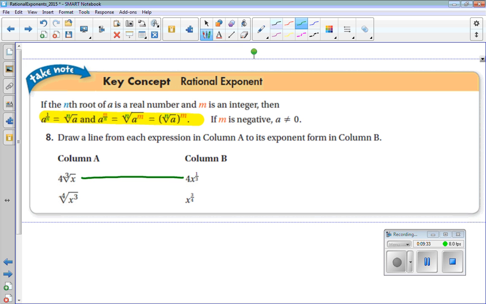Isn't it outside of the radical? The only thing that's being raised to the 1/3 power in that case is the x, so that's the only thing that's underneath the radical. Now, does it make sense that this one goes in this direction? The denominator of the 3/4 is going to be a 4. So is the index here a 4? And then we're raising it to the 3rd power. So that would be in this case. They just happen to match up horizontally there.